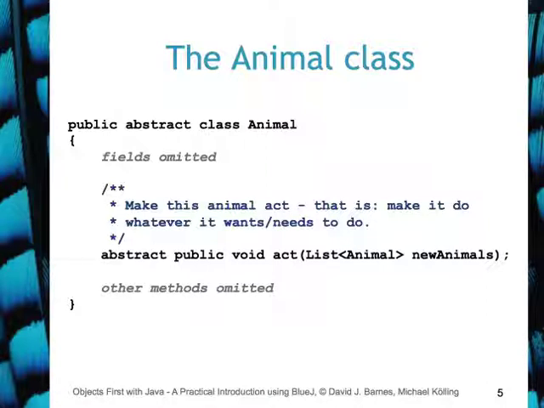And this says that anything that inherits from the class animal will need to either declare and define act with an actual body, or declare it as abstract, in which case that class will be abstract and won't be instantiable either.